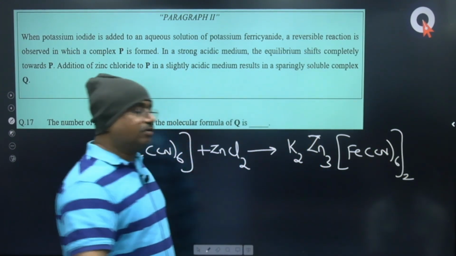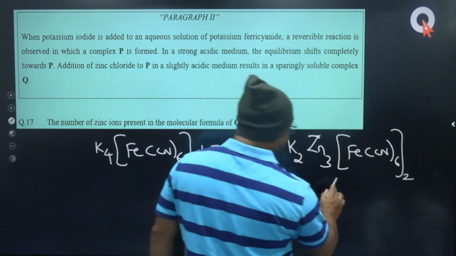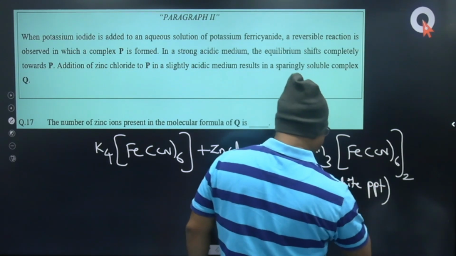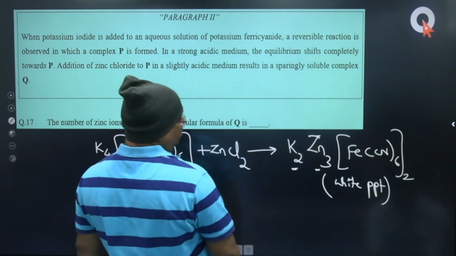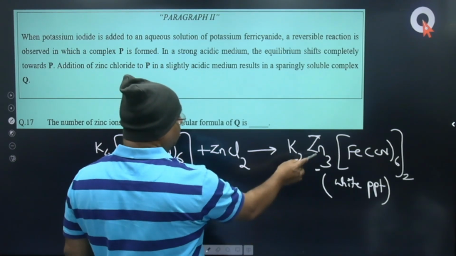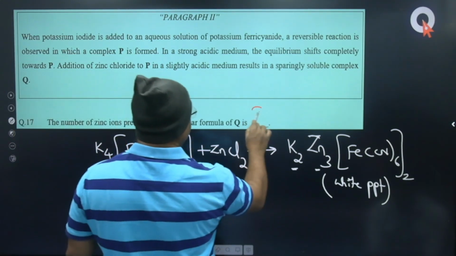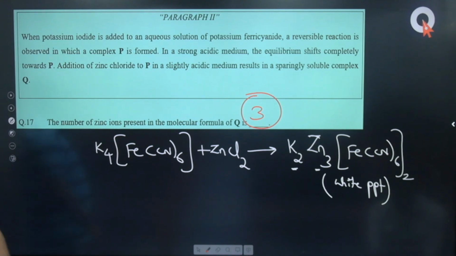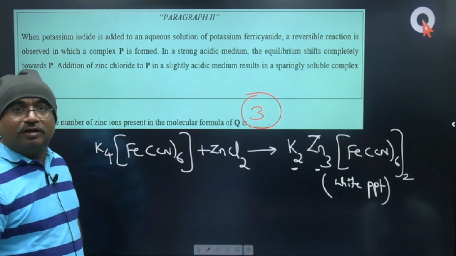This type of complex it forms, which is a white precipitate, and it is sparingly soluble because potassium ion exists and zinc ion exists. So the number of zinc that exists here is 3. Okay. So this is, I think, the last question for us in paper 2 even. Okay.